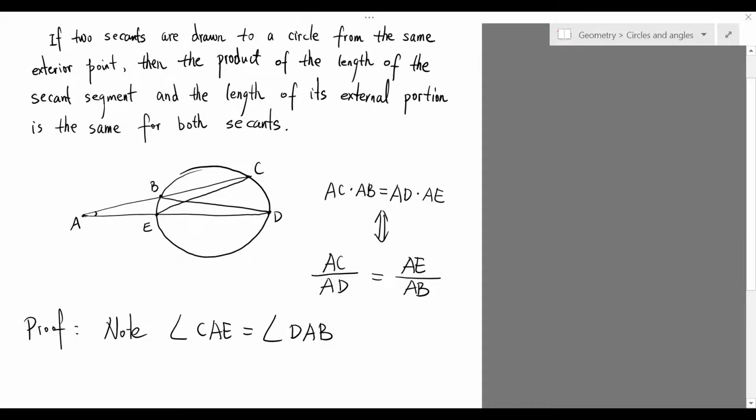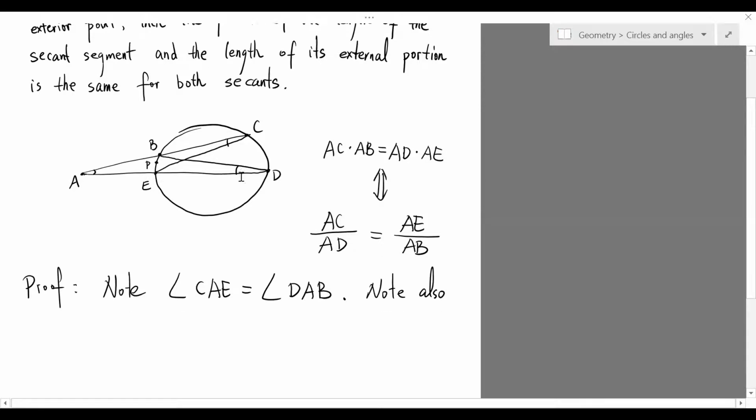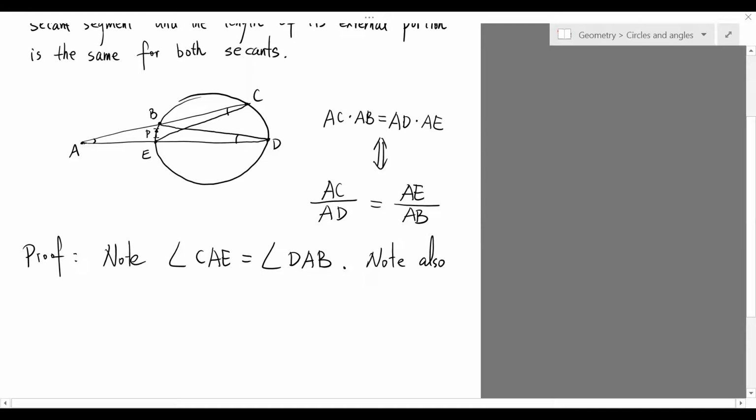On the other hand, we note also that these two angles are inscribed angles of the circle intercepting the same arc. And if we pick a point on this arc, then we could denote that arc as BPE.